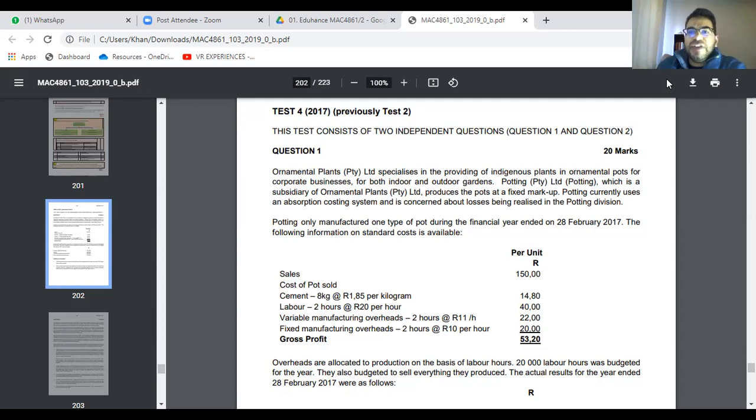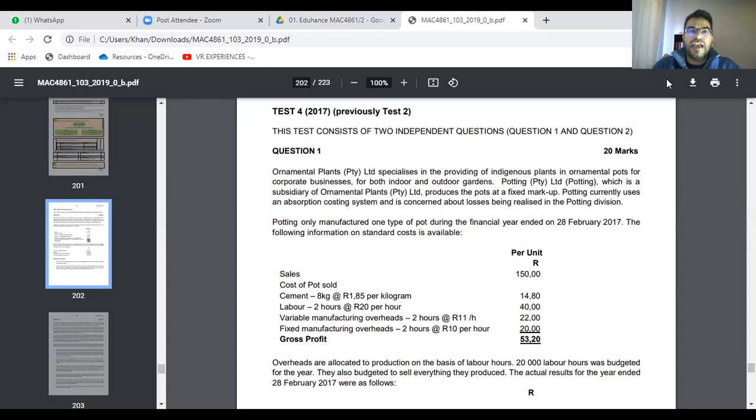So in that first paragraph, you can see we have a company which is Ornamental Plant. Ornamental Plant have a subsidiary which is, what is this? Potting. And you can see the working with divisions, and you can see what Ornamental Plants do?